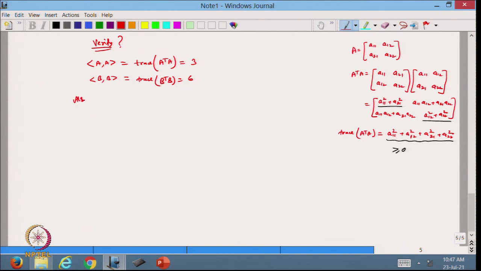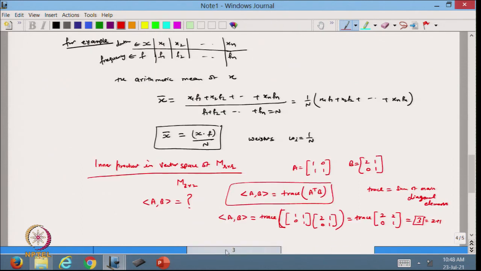Also we know that if I take the norm of A here, this will be taking the inner product of itself under the square root. So from here this will be equal to root 3. Similarly, I can define the norm, or in this case we used to call it the length.